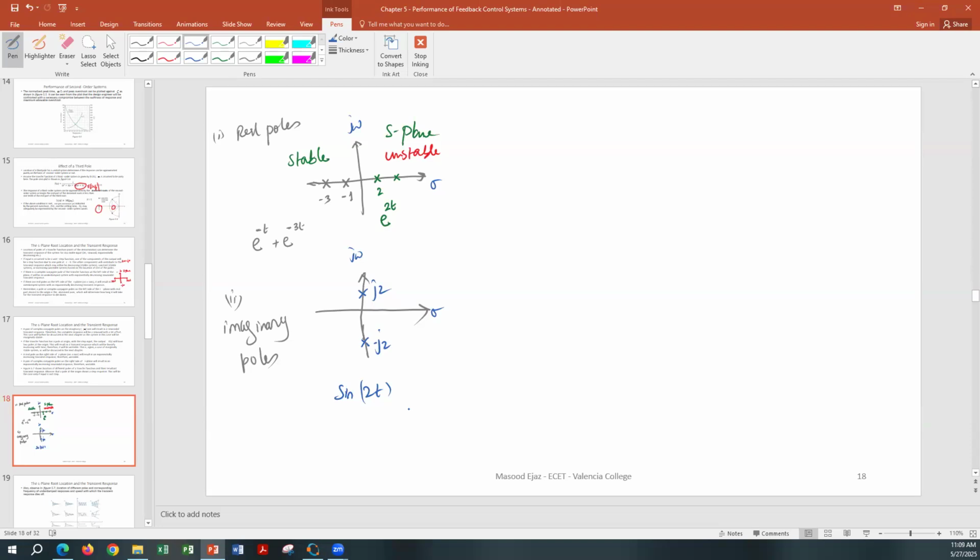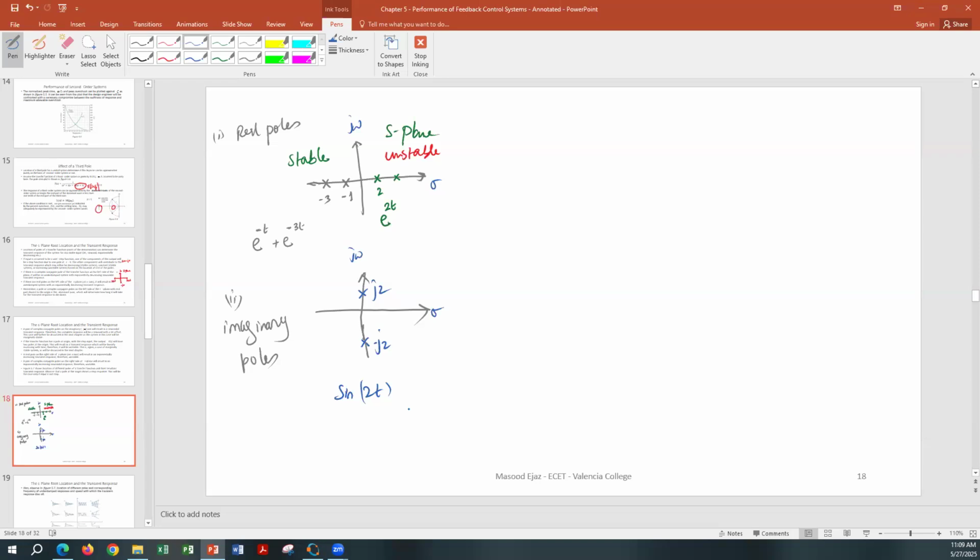So if your input, let's say, is a step function, then your system is still going to be stable because your system output is going to have the transient response of sine 2t, and the step response is going to produce a DC value. So basically, the output will be a sinusoidal value which is offset by a DC value, if your input is a step function and you have two complex conjugate poles on the y-axis.